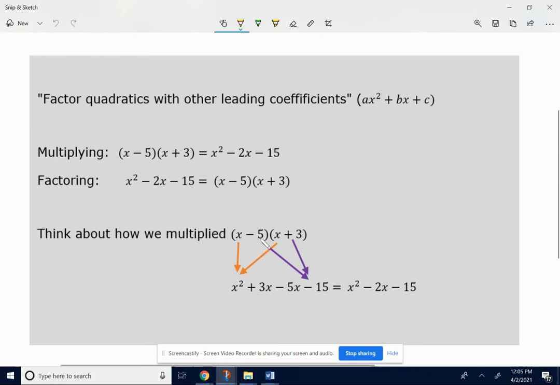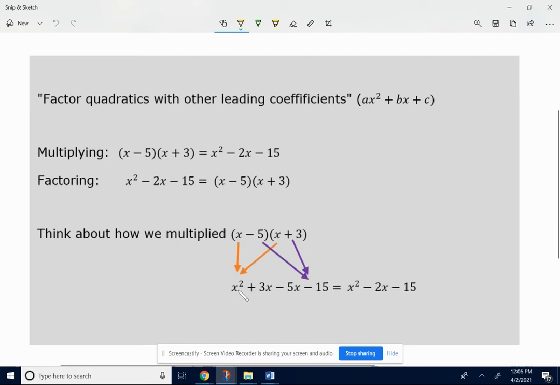If I take x minus 5 times x plus 3 and use FOIL, notice this x to the second that I write down first. Where did it come from? I got it from multiplying x and x together.